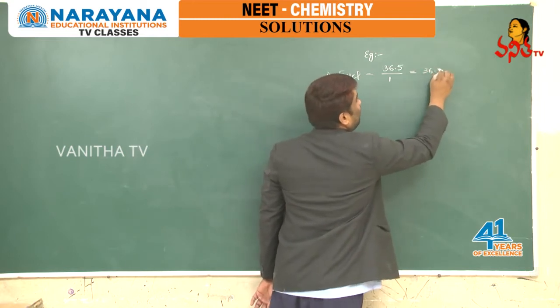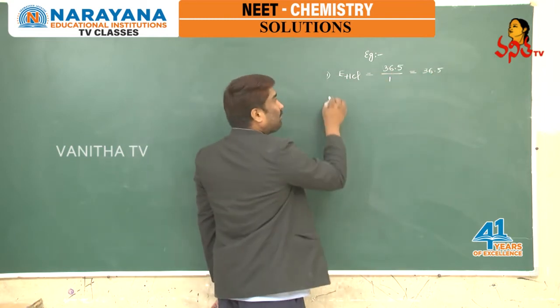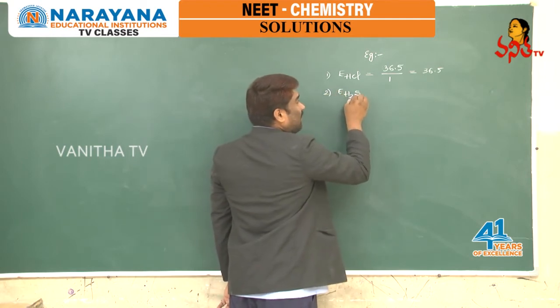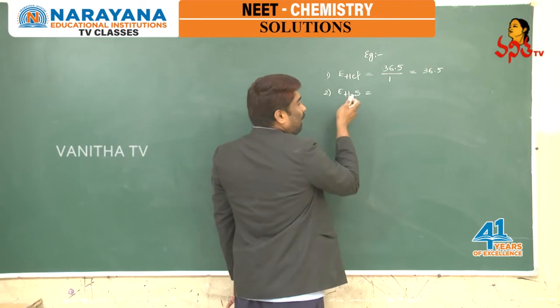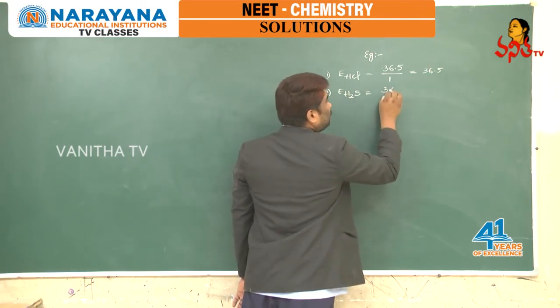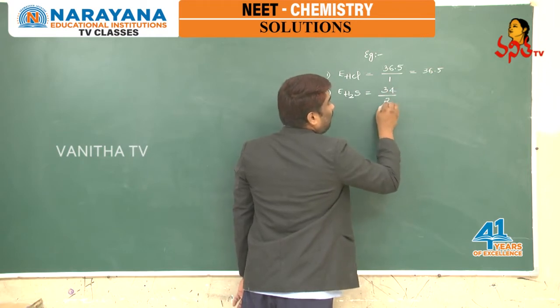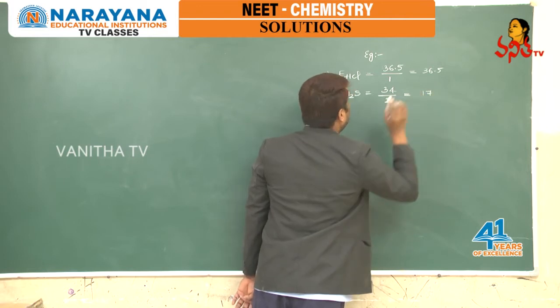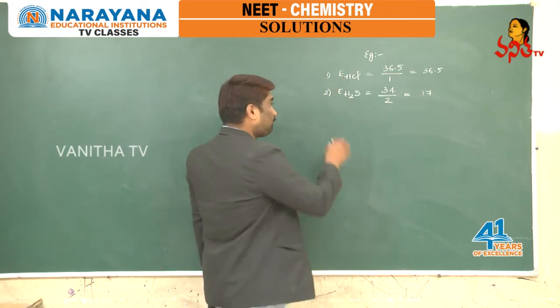That means the equivalent weight of HCl is 36.5. Equivalent weight of H2S. This is also not an oxy acid, so basicity is the number of hydrogens. The molecular weight of H2S is 34, divided by 2 hydrogens. Therefore, the equivalent weight of H2S is 17.